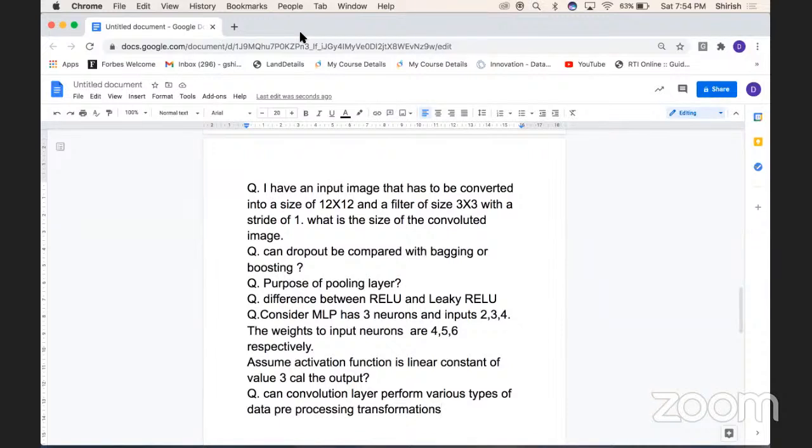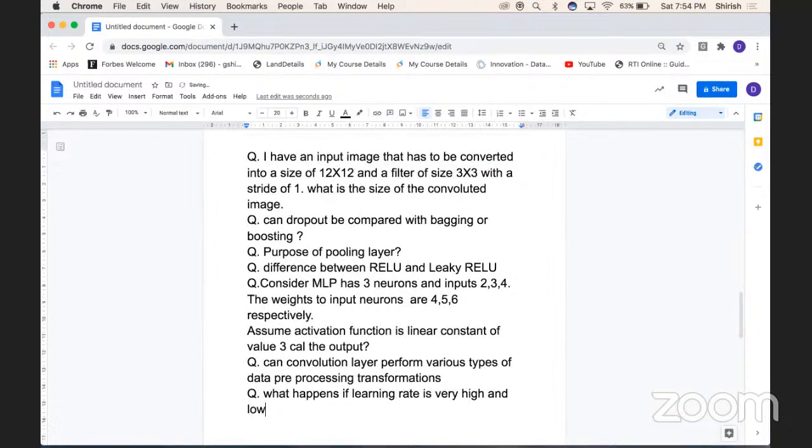So what happens if your learning rate is very large or very low?